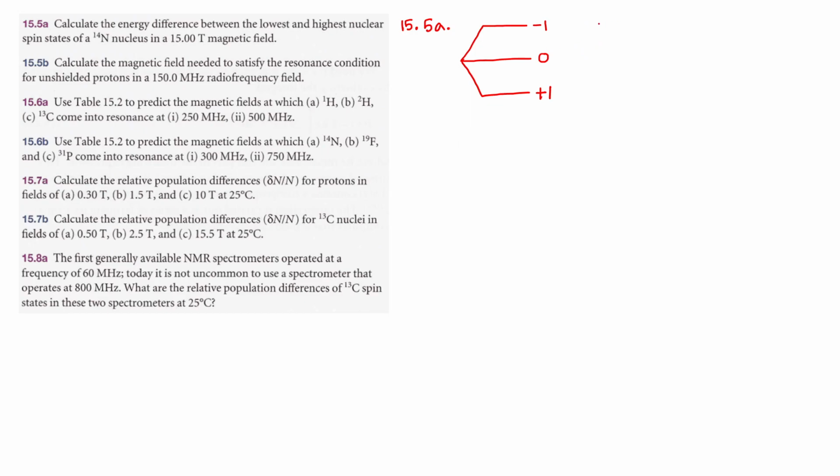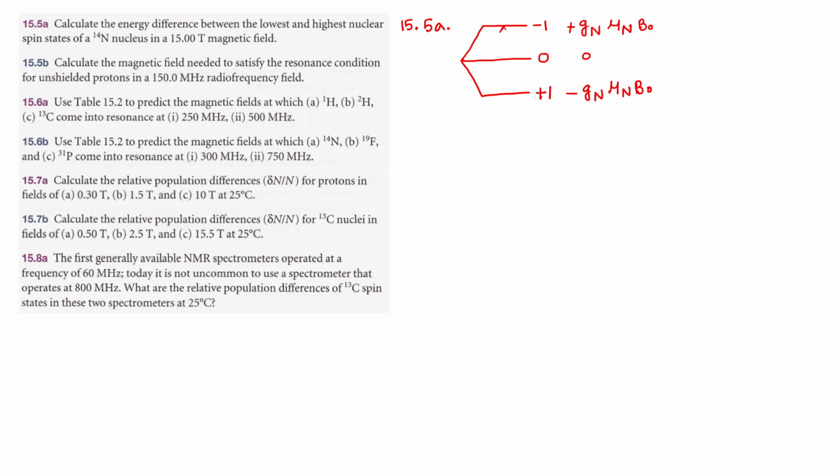Now we already know what the energy would be for this state. It would be something like Gn mu n B0 with a minus sign. This would be energy 0 for 0. For minus 1, minus 1 minus 1 will be plus 1, so here it is still minus 1 Gn mu n B0.